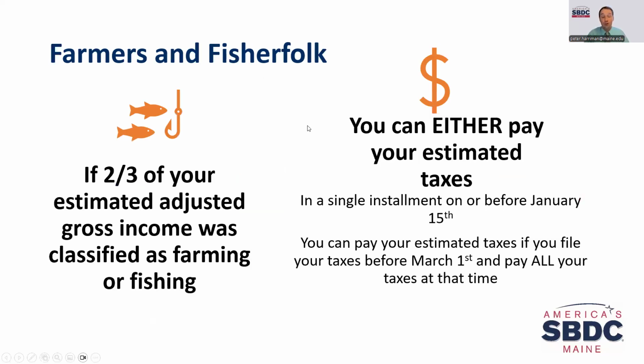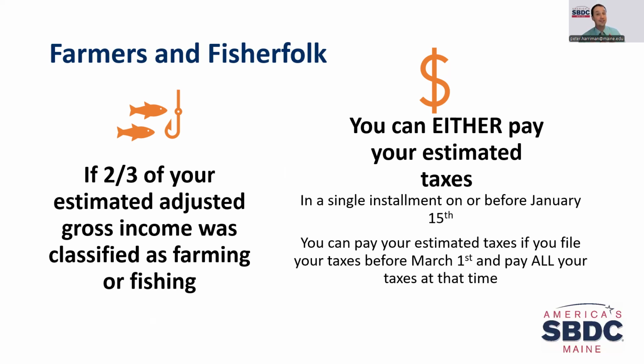Now, farmers and fisher folk, and that's defined as making 2/3 of your estimated adjusted gross income, line 11 on your tax form, as farming and fishing. That's where you get your income from. So with your particular industries, you can either pay your estimated taxes in one installment on or before January 15th, or if you're planning on filing your taxes early and paying all your taxes by March 1st, you can make that payment then.